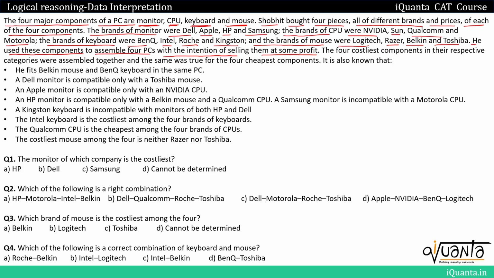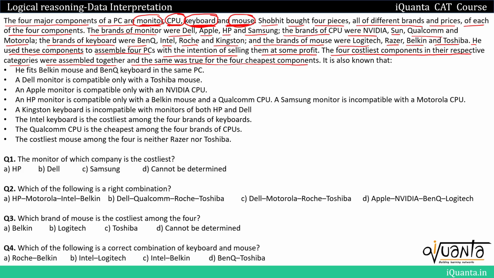Reading further, the four costliest components in their respective categories were assembled together and the same was true for the four cheapest components. So basically he is trying to say that we'll have to assemble the costliest monitor, the costliest CPU, the costliest keyboard and the costliest mouse together, and the cheapest monitor, cheapest CPU, cheapest keyboard and the cheapest mouse together.